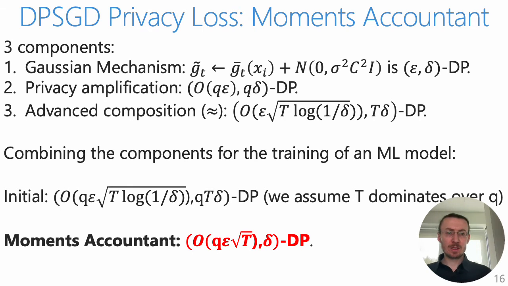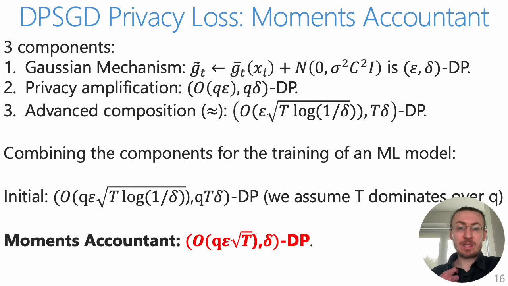So the composition of these 3 components provided us with the given estimation of the privacy loss. Here the epsilon value is multiplied by q, which is the probability of selecting a given training example for a lot, and then also by the square root of T times log of 1 over delta.